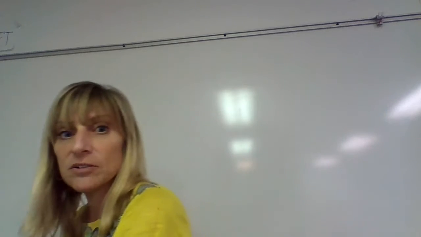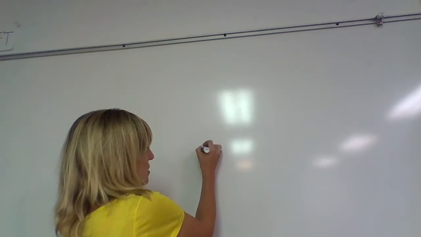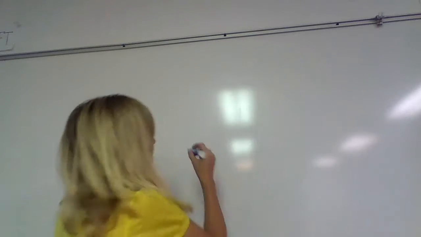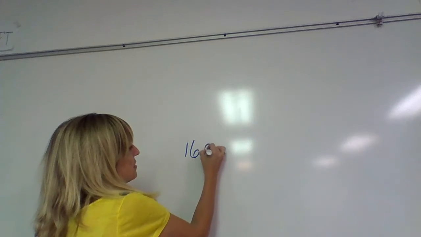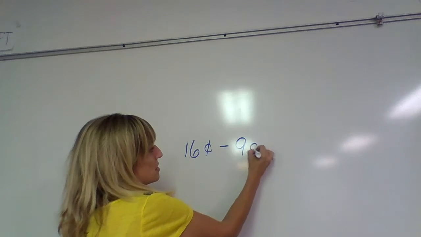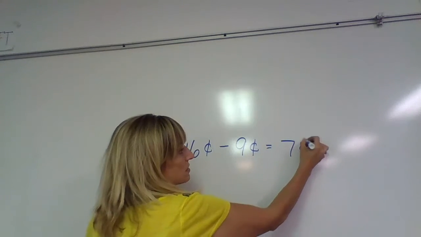I'm going to put my book down here. And if you did it correctly, your answer should have been 7. I didn't double check to make sure I had the right answer. So hopefully you got that answer. It should have been 16, whoa, that's not cents, that's a dollar sign. It should have been 16 cents minus 9 cents equals 7 cents.